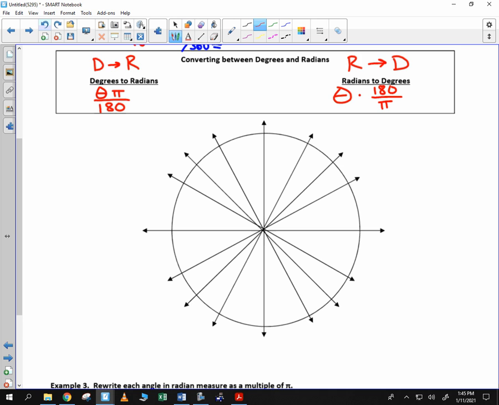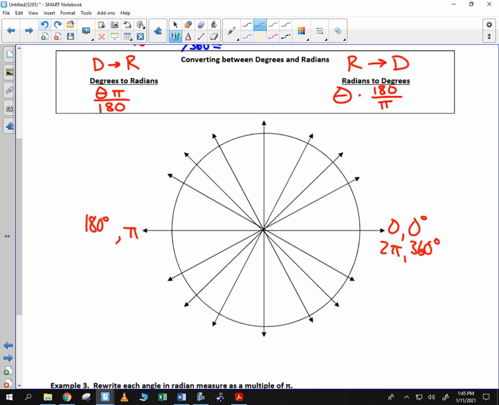So let's start to build some of these important elements here. This is pi, or 180 degrees. This is 0, or 0 degrees. It is also 360 degrees, which is 2 pi radians.